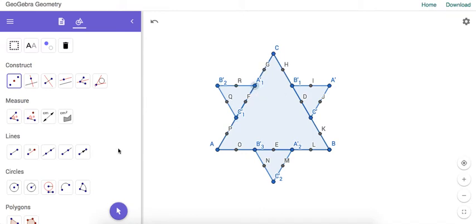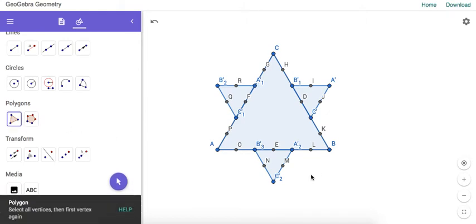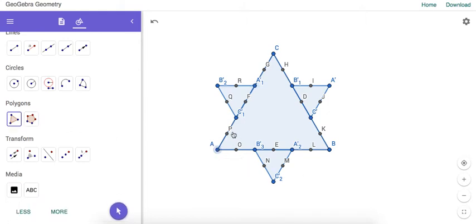Oh, I already did that one. And just for the purposes of what GeoGebra is capable of doing, I needed to recognize that A, C prime of 1, B prime of 3, back to there is a triangle. Same up here. This is a triangle. And then this down here is a triangle.